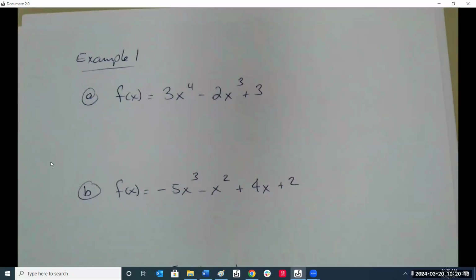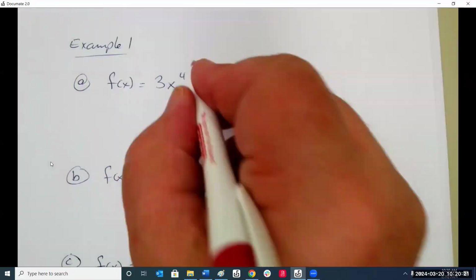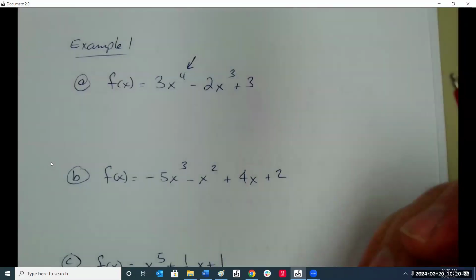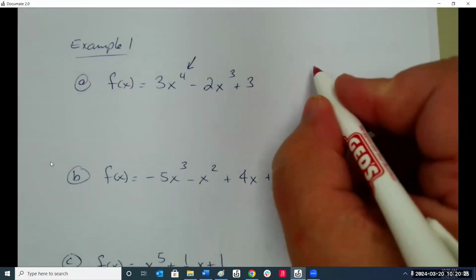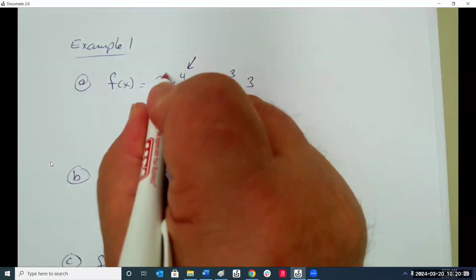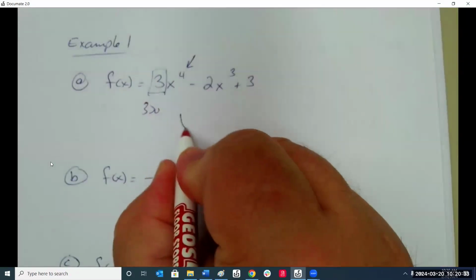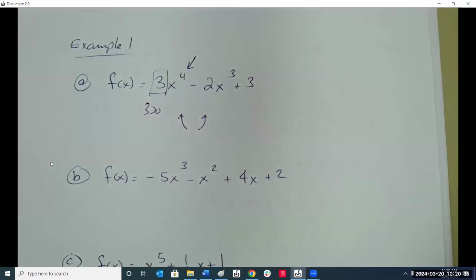So the first one, what can you tell me about the first one? Just by looking at this, what can you tell me? Because the degree is even, both ends point the same direction. Do they point up or down? Because 3 is positive, we know that both ends point up. Do we know anything else about this equation?